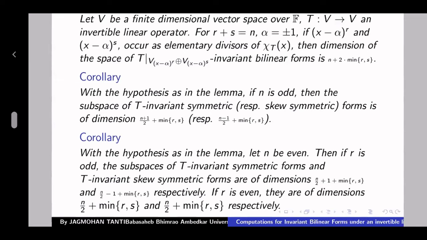All these things have been obtained with respect to matrix computations. If r is even, they are of dimension n by 2 plus minimum of r and s, and n by 2 plus minimum of r and s, respectively. So both are the same.